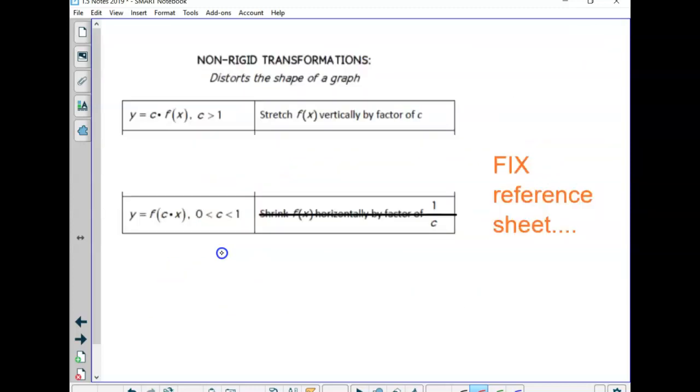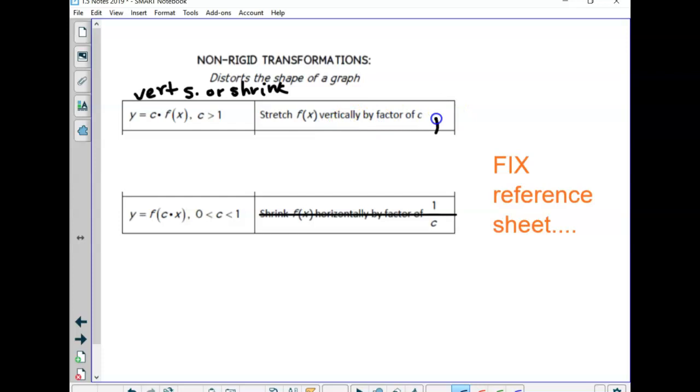All right, this is off your reference sheet. If you're thinking you're going to use your reference sheet for homework, I need to help you fix it. Yours says vertical stretch or shrink, and underneath it says y equals c times f of x, and over to the right, it says c is greater than 1, and it says it stretches, okay?